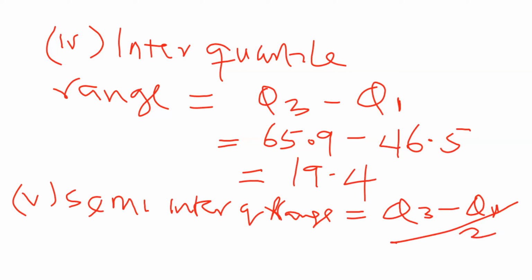So the result is 19.4 divided by 2, and that will give us 9.7.